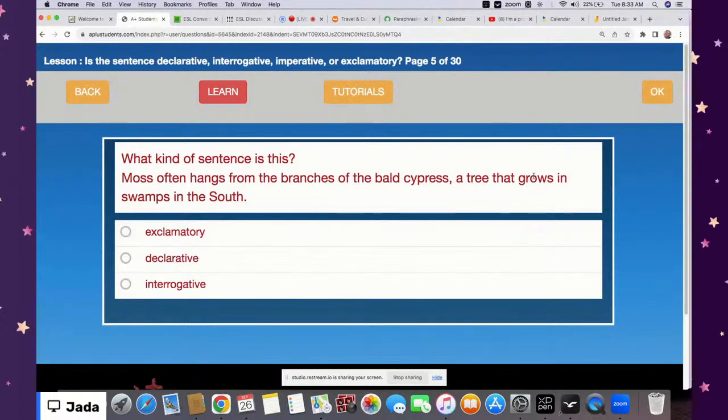Is it the declarative or what? So what's the right answer? The second one. Yeah, perfect. Yeah, it's the second one. Okay.